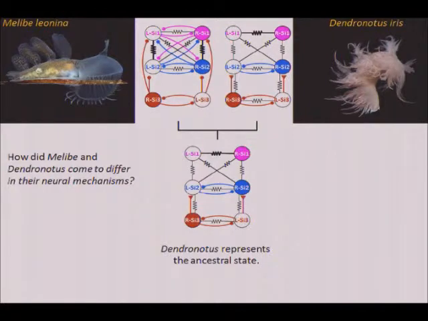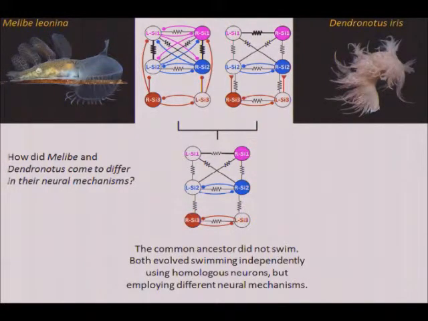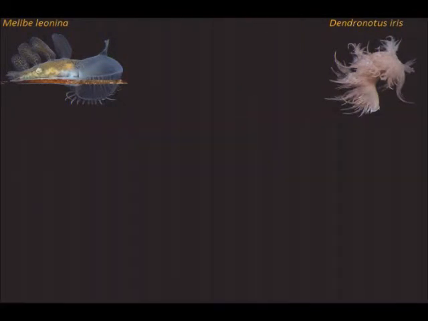Another possibility is that the common ancestor didn't swim and that Melibe and Dendronotus each independently evolved swimming using homologous neurons but putting them together in slightly different ways. We are looking at other species to see if we can sort this out, but it may be just an intractable question.